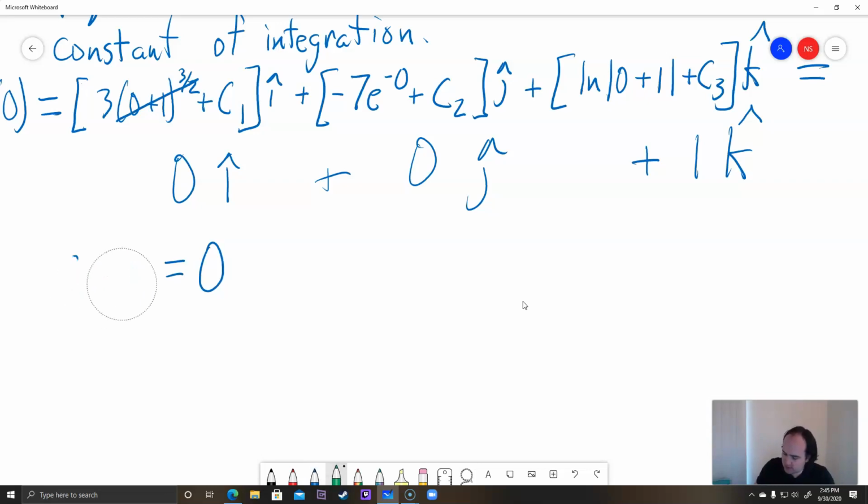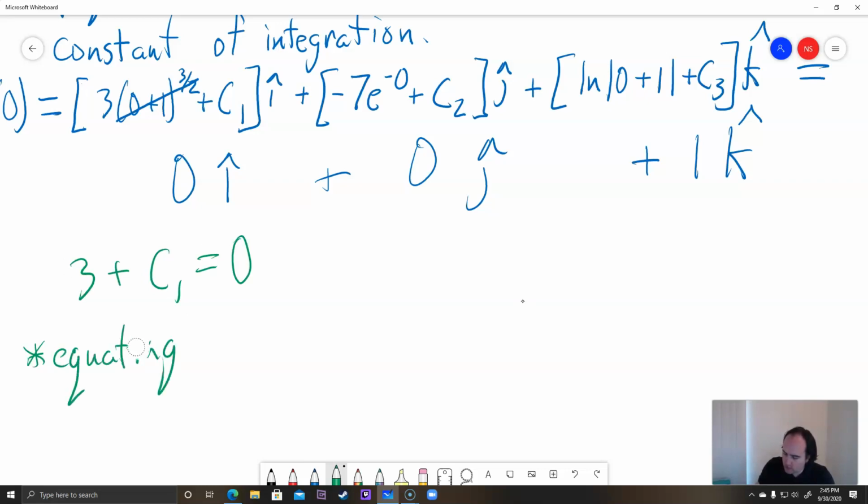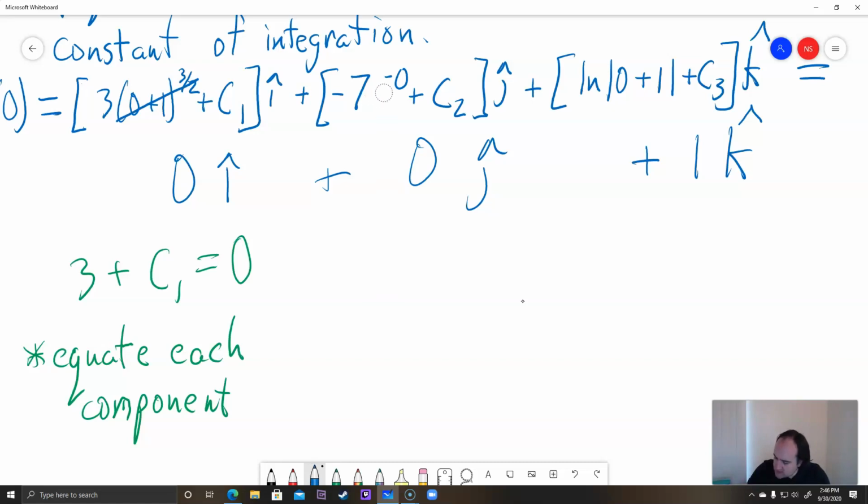So what we're doing here, 3 plus C1 equals 0 is our first equation. We're equating each component. So equate means set each component equal to each other. Our first equation is going to be 3 plus C1 equals 0. Our second equation is going to be, well, this e to the negative 0 is just 1.